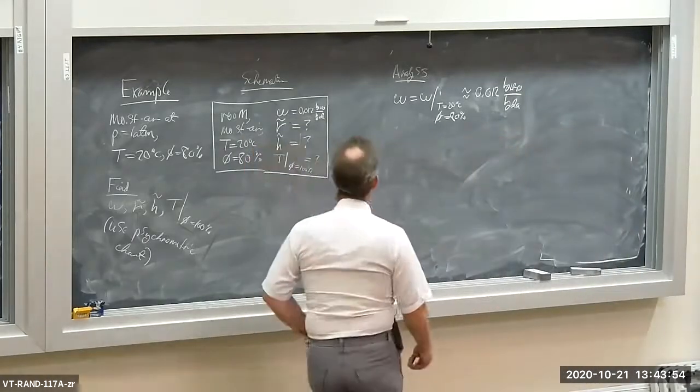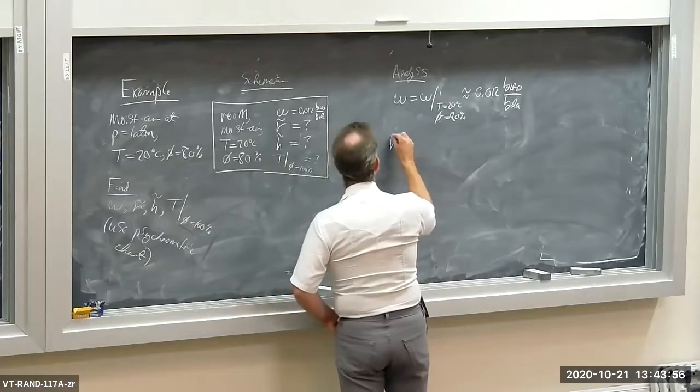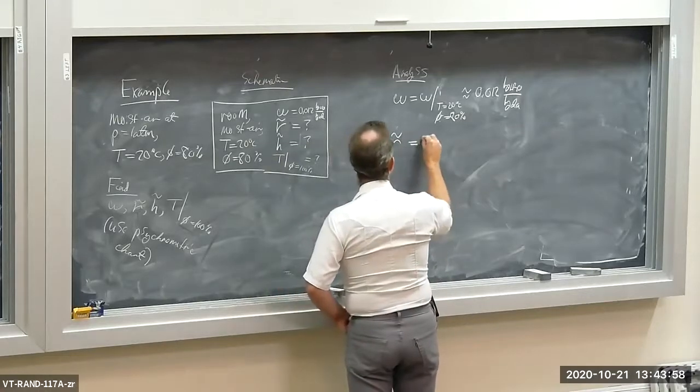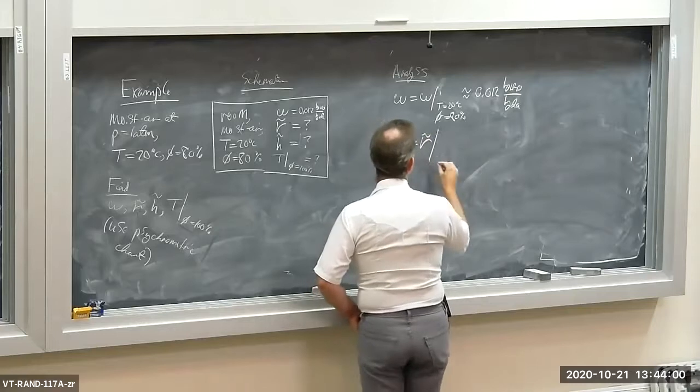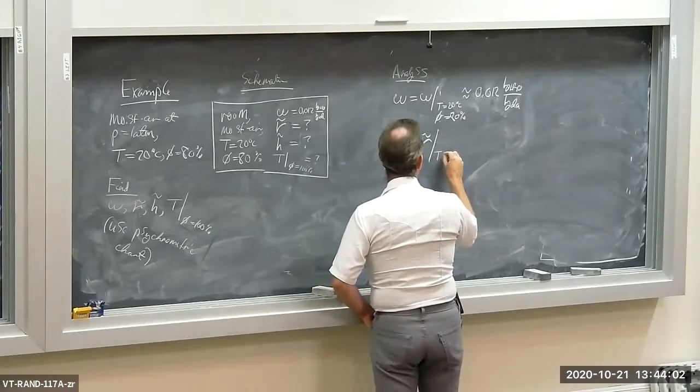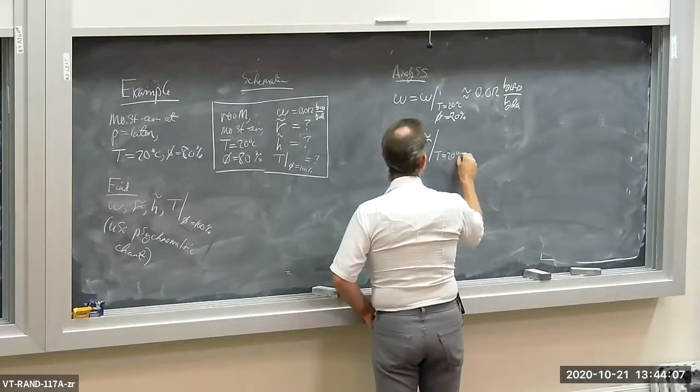Okay, let's find the specific volume here. V tilde evaluated at a temperature of 20 degrees C and a relative humidity of 80%.